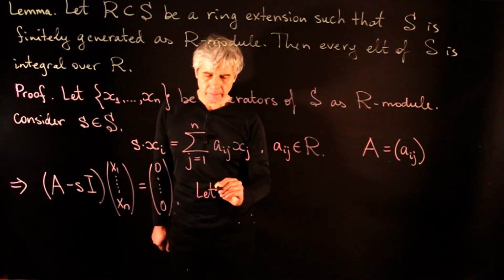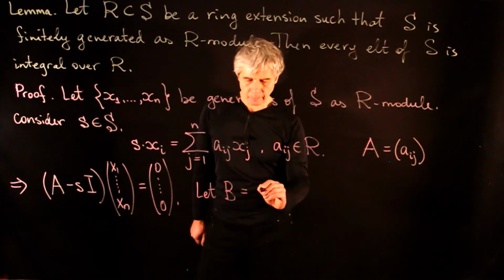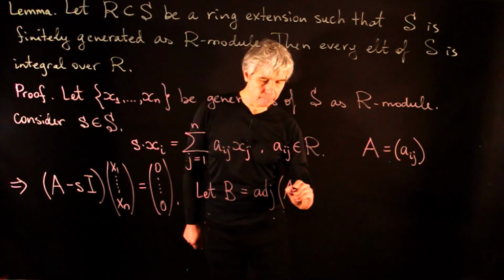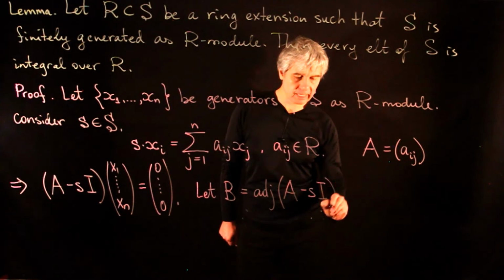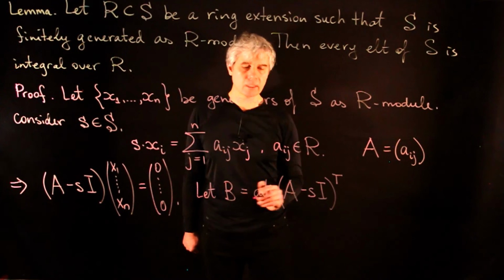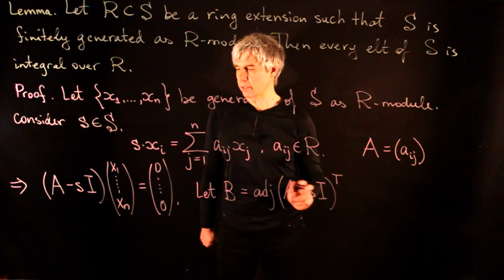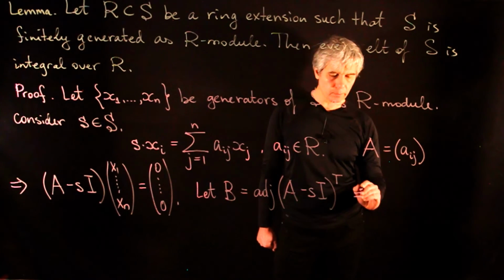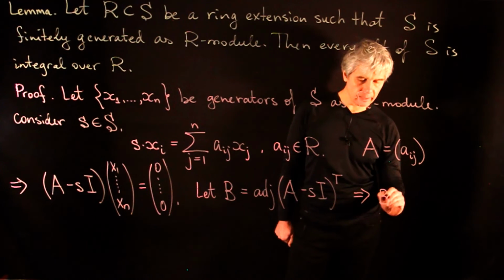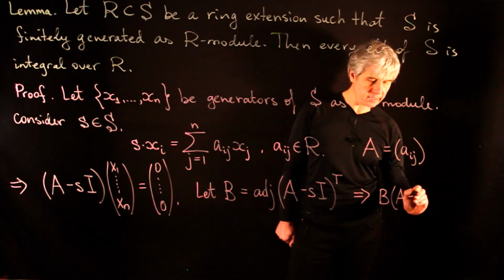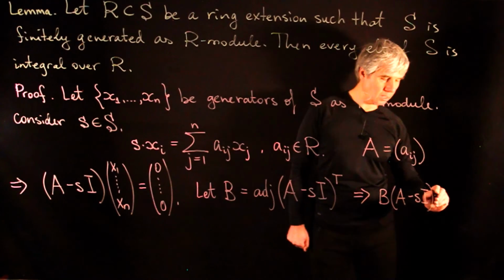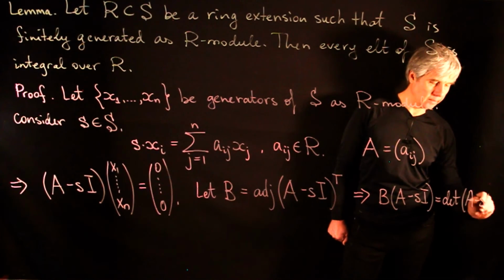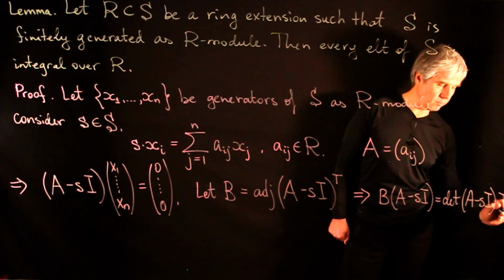Let B be the formal adjoint of (A minus sI) transpose. This is a matrix that's made of cofactors of the matrix A minus sI. Then we know from linear algebra that B times (A minus sI) is equal to the determinant of (A minus sI) times the identity matrix.